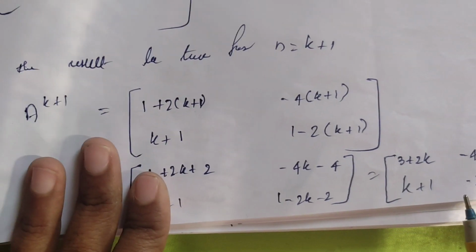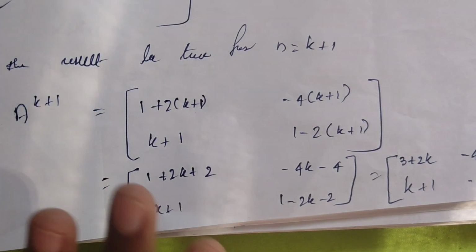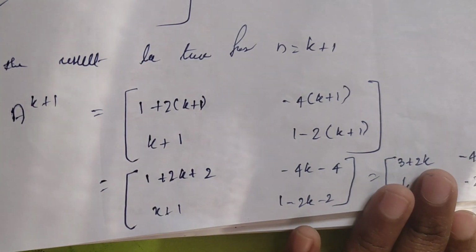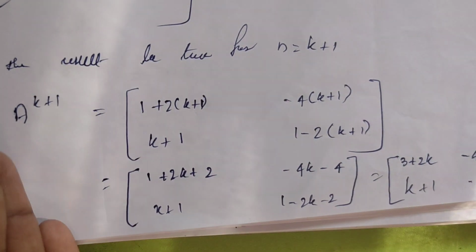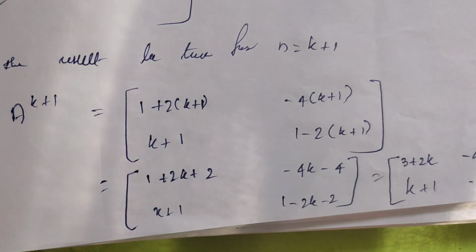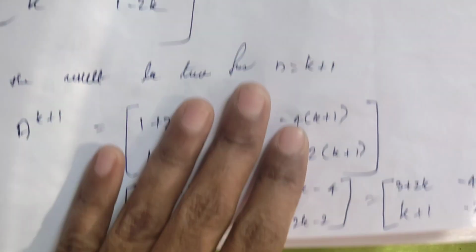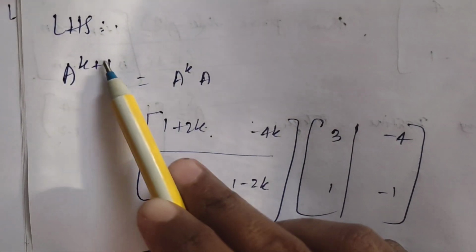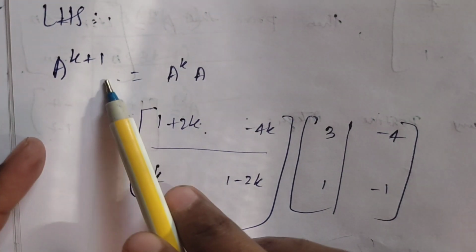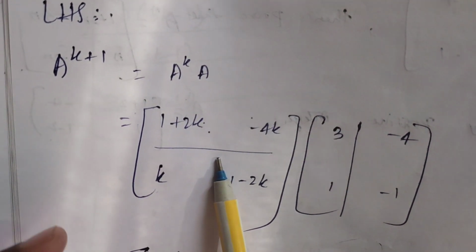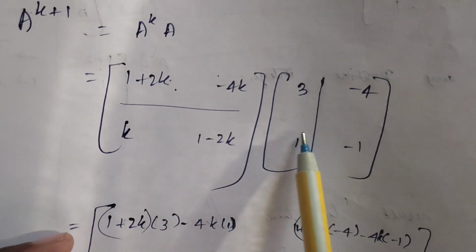How will you prove this result is true for n is equal to k plus 1? Let me take the LHS and show this RHS. If those two things are equal, then we can say the result is true for n is equal to k plus 1. Take LHS, A per k plus 1. A per k plus 1 can be written as A per k into A. A per k matrix we know, and A matrix we have.